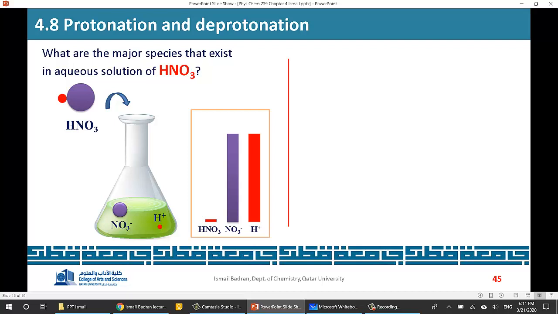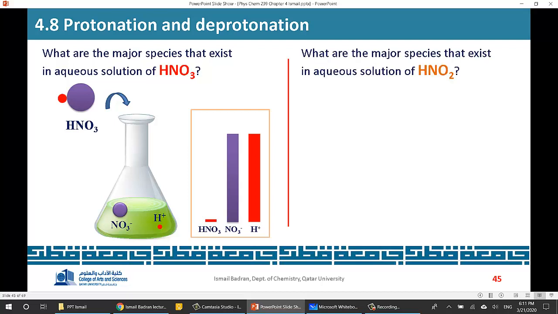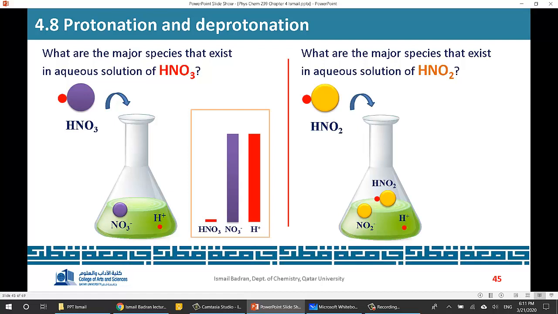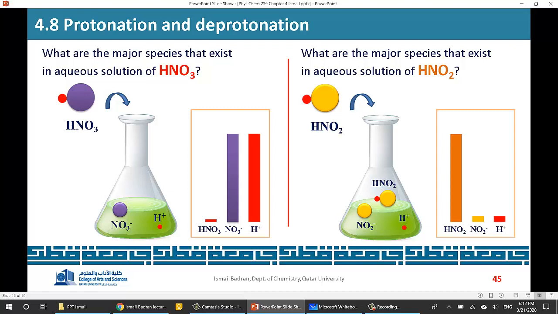Now, the story will be different if you just change that into HNO2. Nitrous acid, HNO2, is a weak acid, and therefore, when you put it in water, it's going to dissociate into NO2 minus and H plus. But the thing is, it's a partial ionization. So when you put HNO2 in water, you will produce NO2 minus and H plus, but you'll also have a lot of HNO2. If you represent this in the graph here, you will be surprised that the amount of NO2 minus and H plus is very small, and there will be a lot of HNO2, and that always depends on the Ka of the acid.